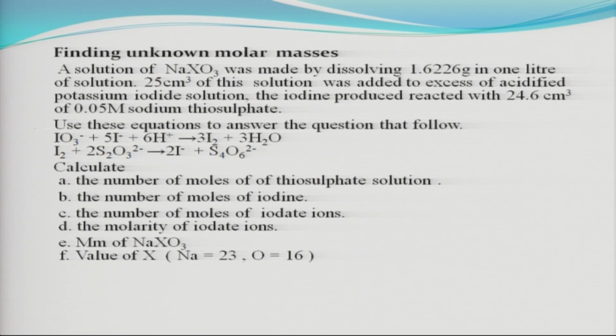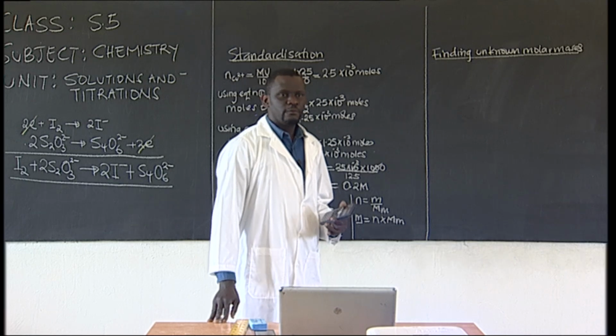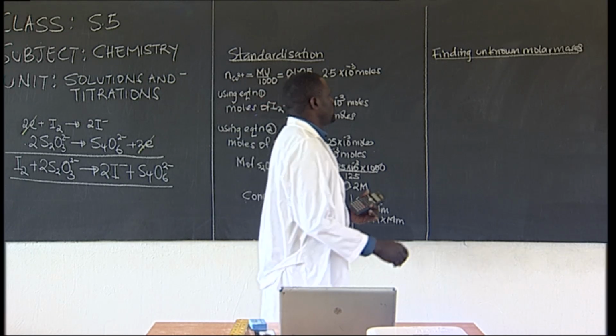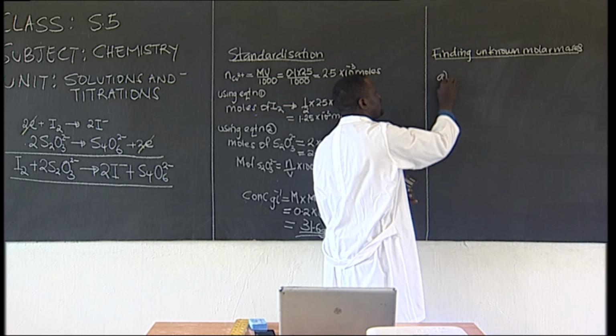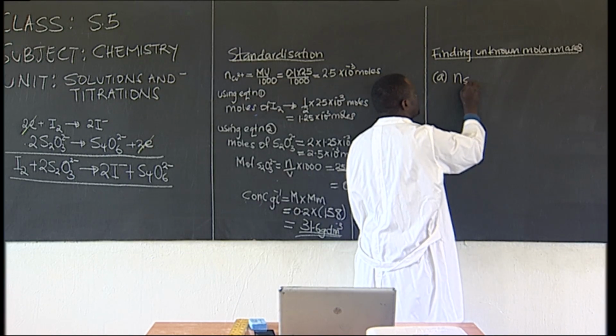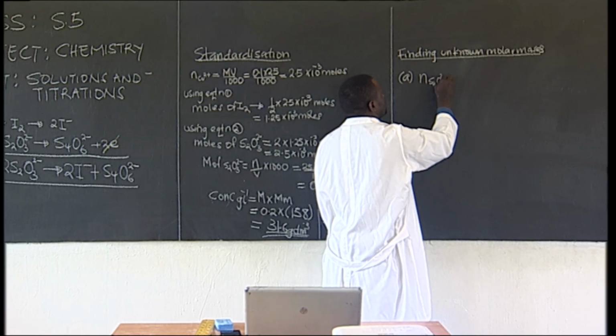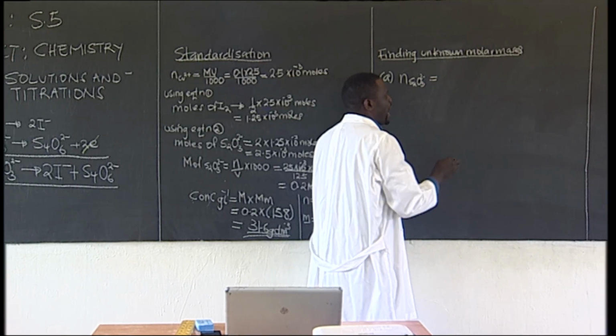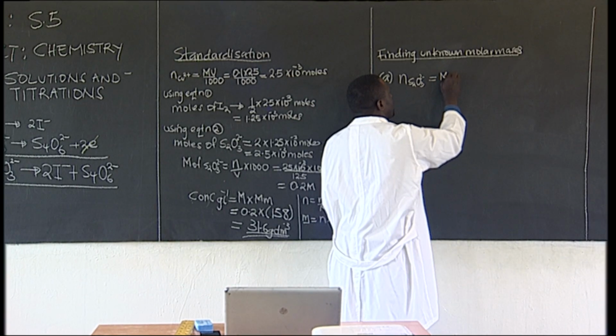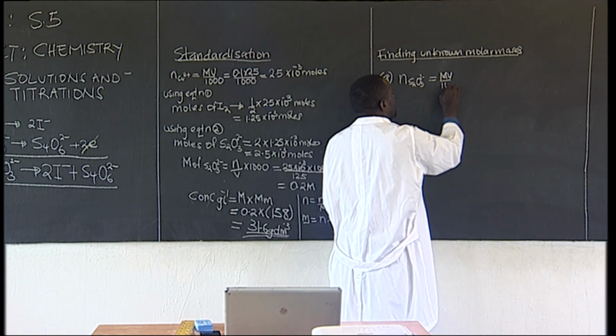Using these equations, they have given you the equations. They tell us to calculate the number of moles of thiosulfate. So we can quickly attack our question, which says they want moles of thiosulfate. So we have MV over 1,000.